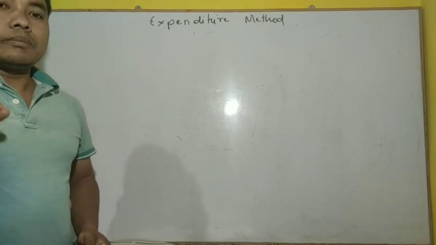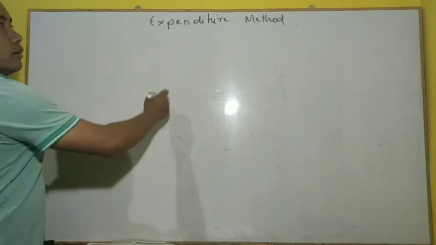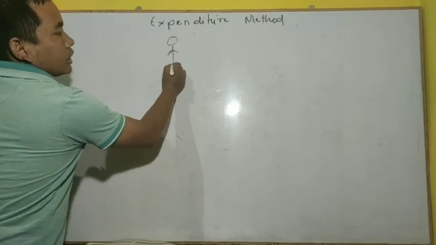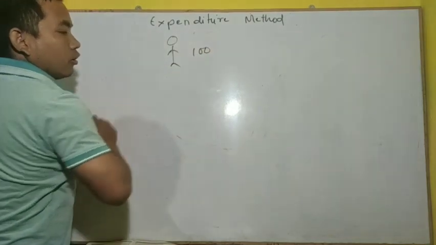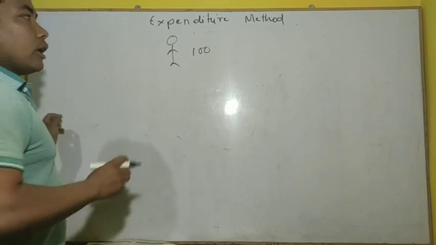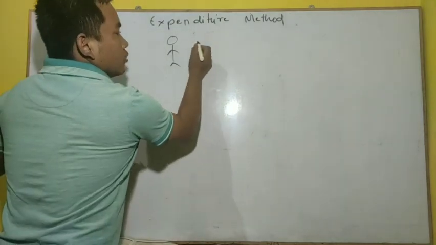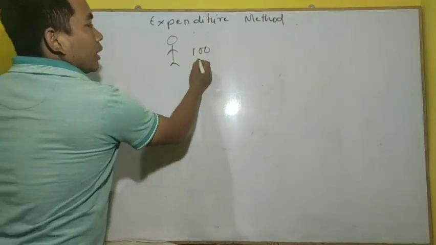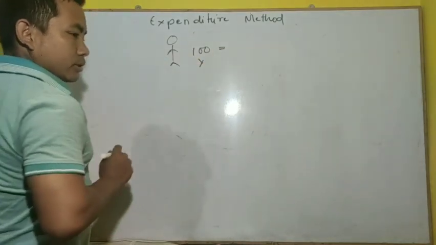But before I begin, let me tell you something first. Let's say that you, Mr. XYZ, have rupees 100 in your pocket. That rupees 100 is your income. Your rupees 100 can be spent in two ways.